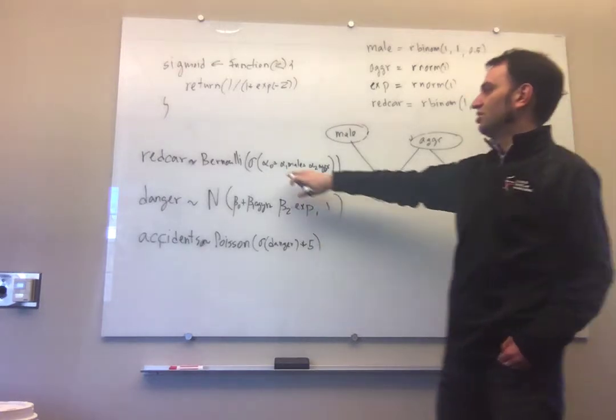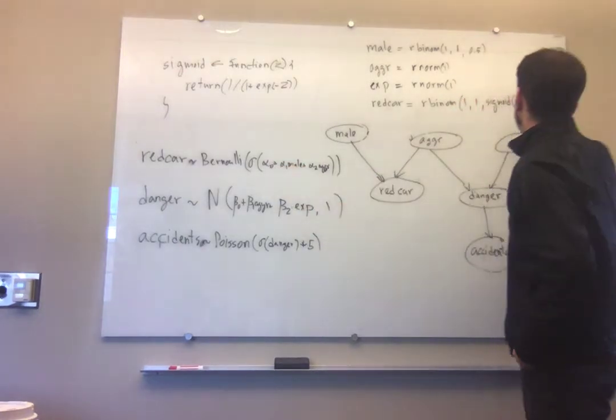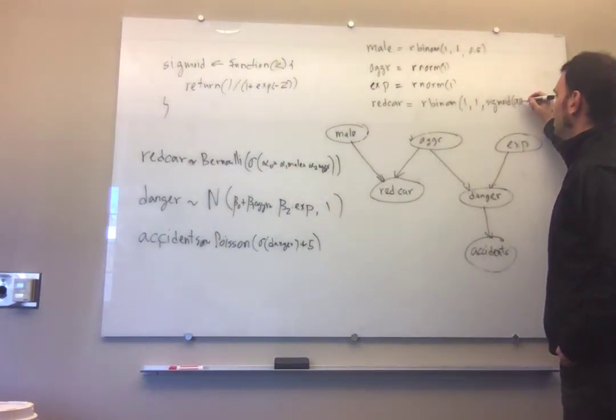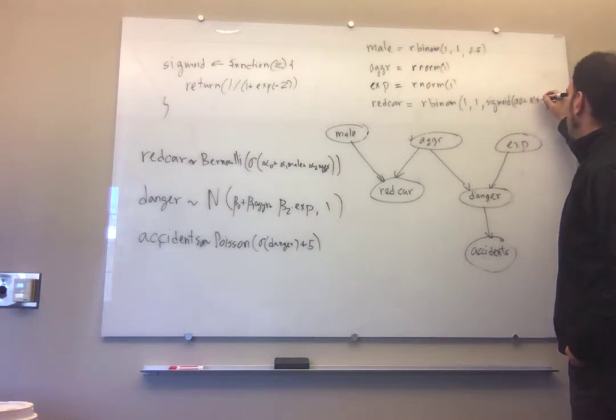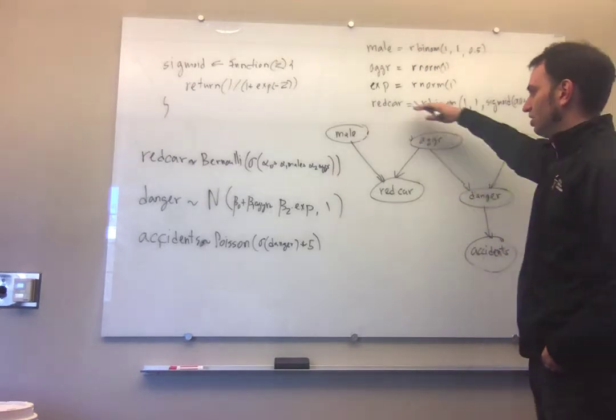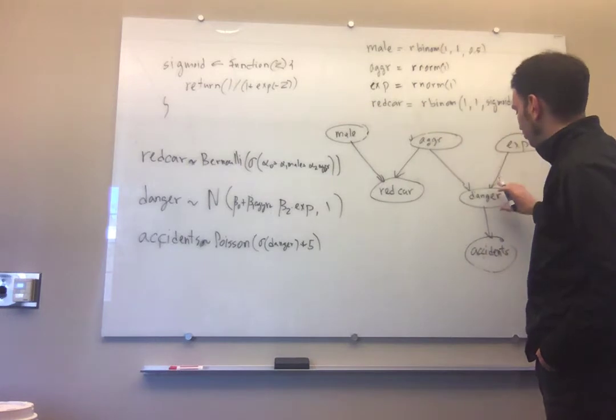And here I'll call it A0 because that's more convenient. So I'll say A0 plus A1 times male plus A2 times aggression, and so on. So now I have red car, and now I'll also do danger.